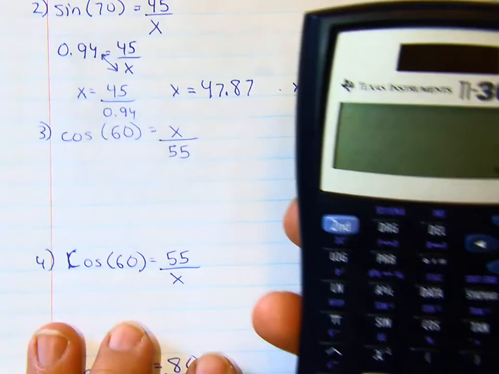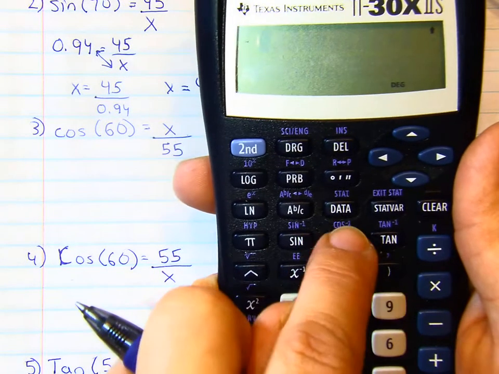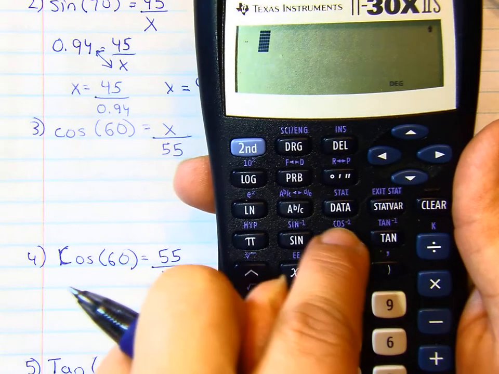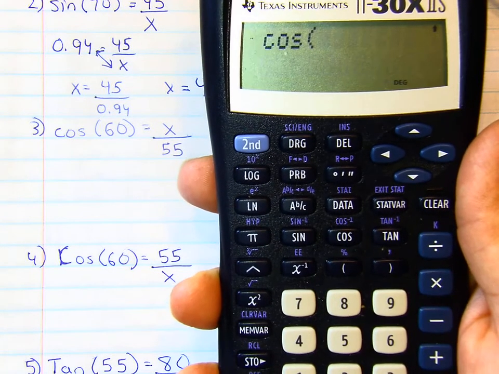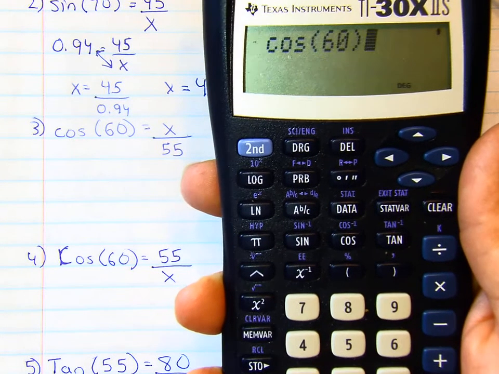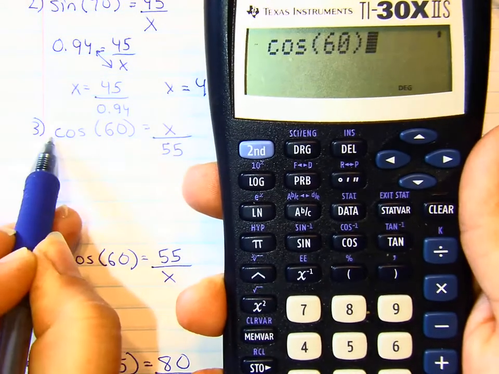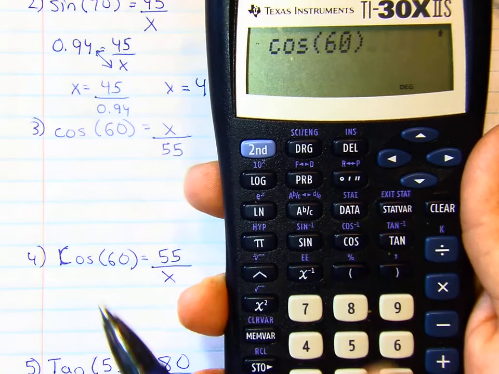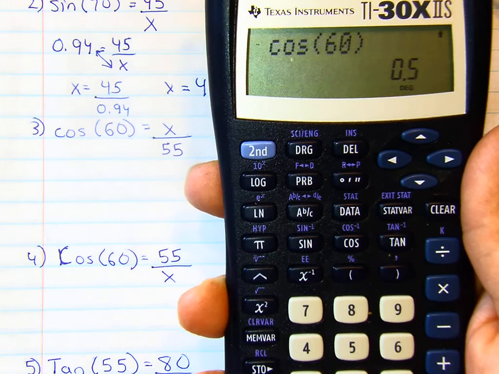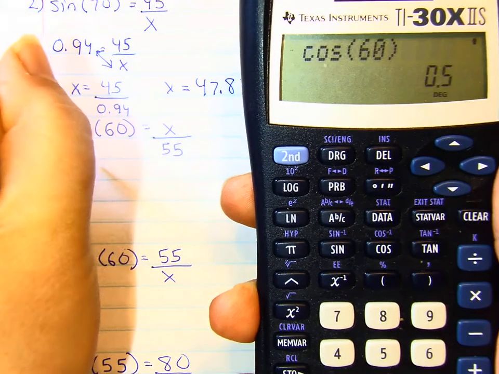Cosine. Not going to do anything different, but I'm going to hit the cosine button. Cosine 60. It's what it says. It gives me, ooh, a nice pretty decimal.